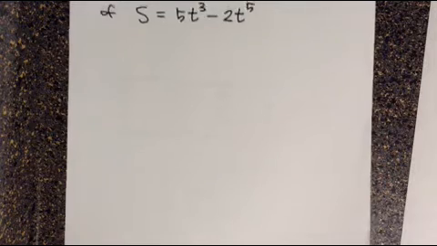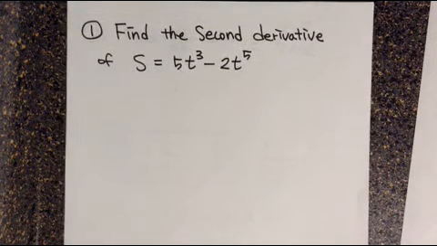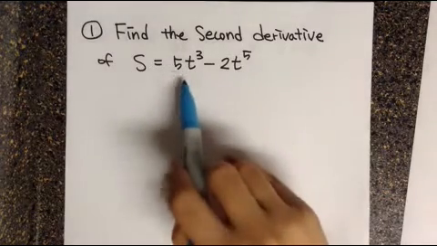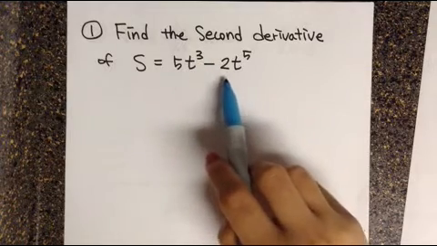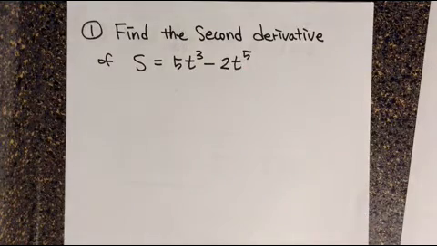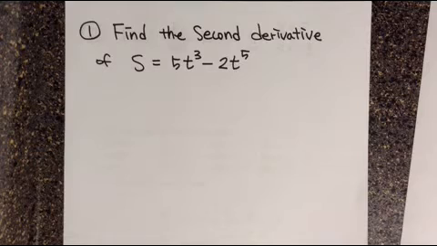First problem. Find the second derivative of s when s equals 5t cubed minus 2t to the 5. Okay, we will apply the power rule.